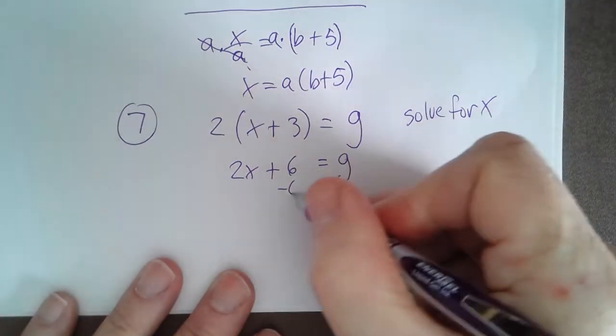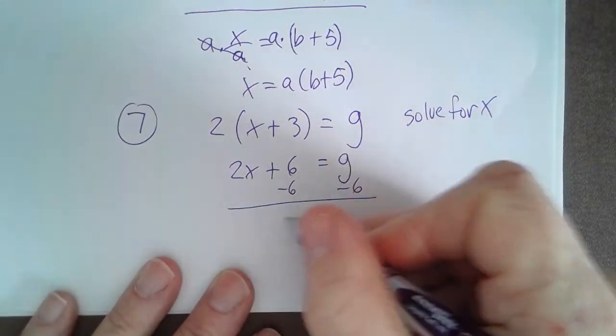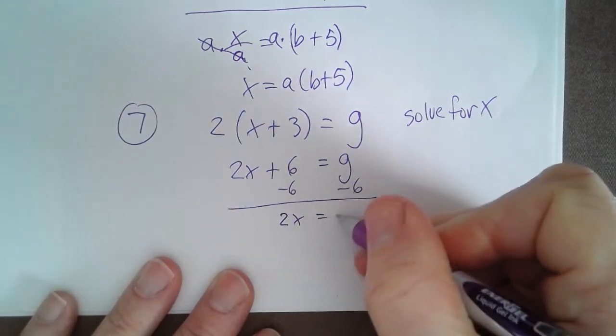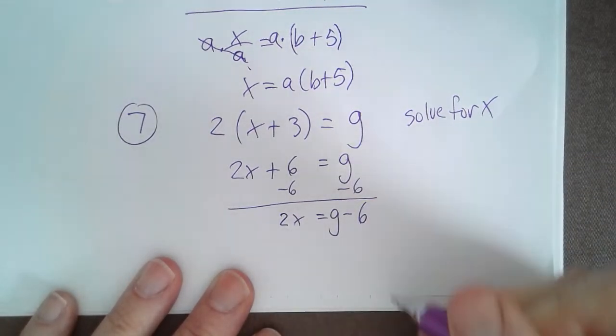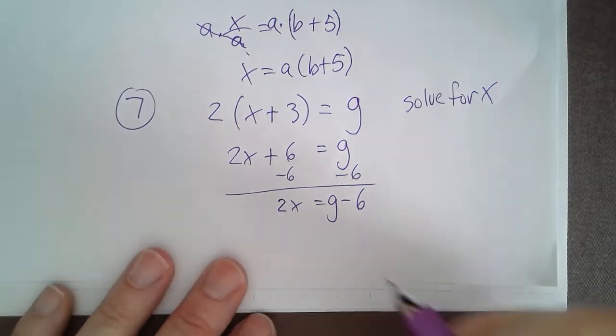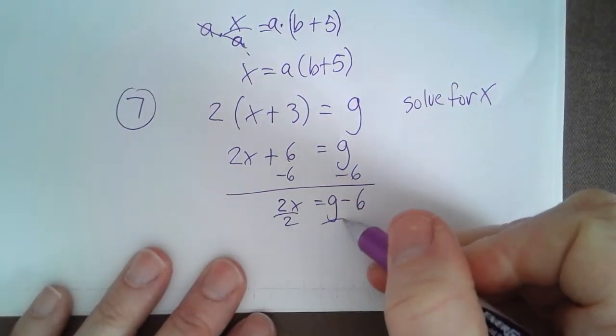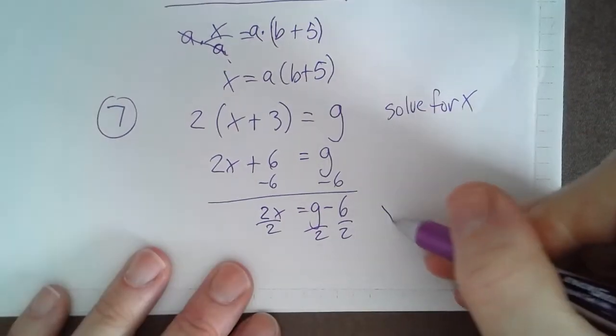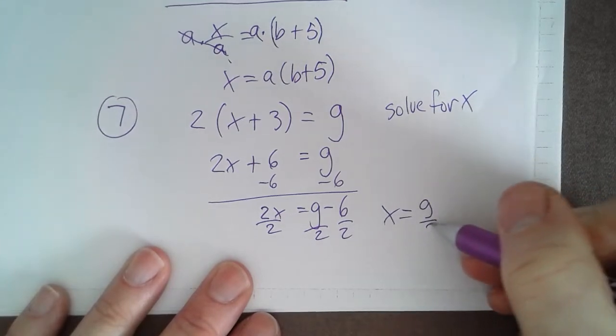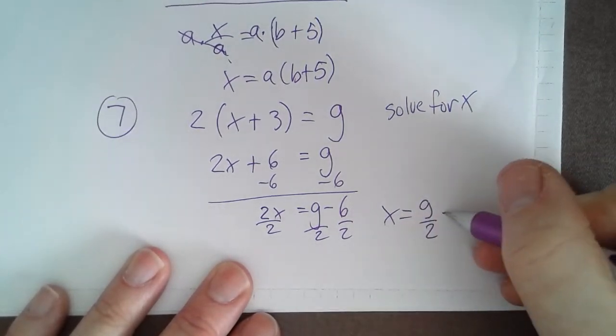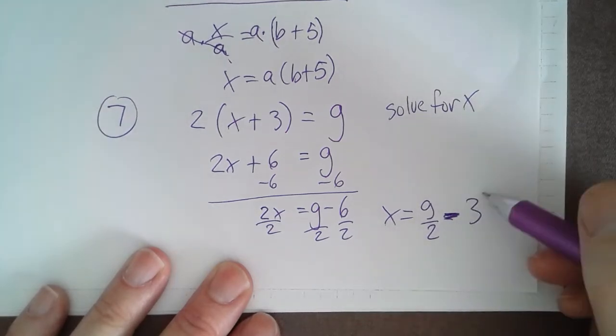So we're going to subtract 6 on each side. We get 2x is equal to G minus 6. Now we're going to divide everything by 2. So X is equal to G divided by 2, and then 6 divided by 2 is 3. So it's minus 3.